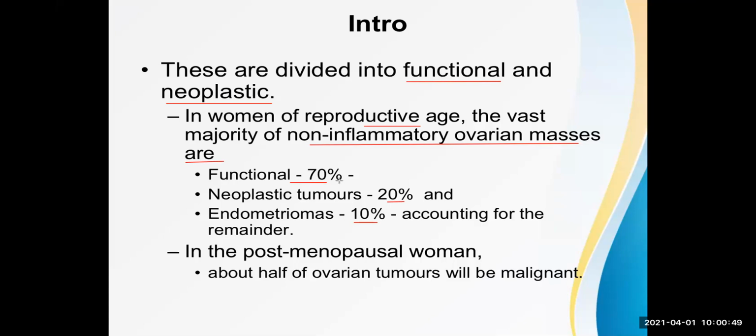So we call it chocolate cyst. We'll talk about all of these things in the subsequent slides. In the post-menopausal woman, about half of the ovarian tumors will be malignant. So if they develop an ovarian tumor, we will be highly suspicious because many of them will be malignant.